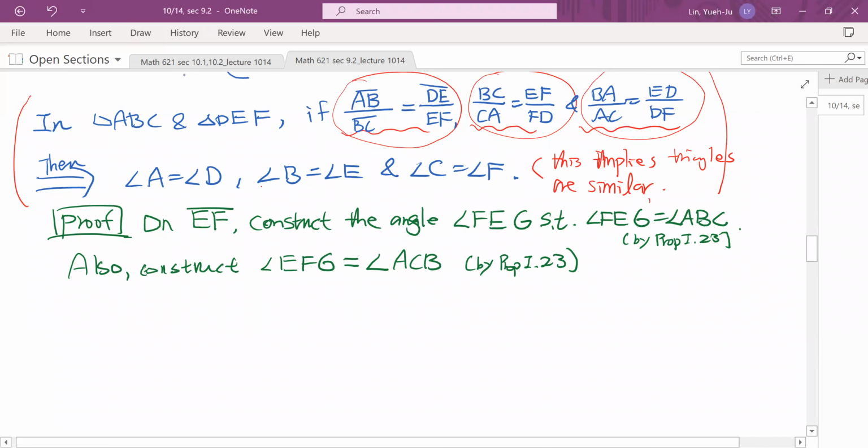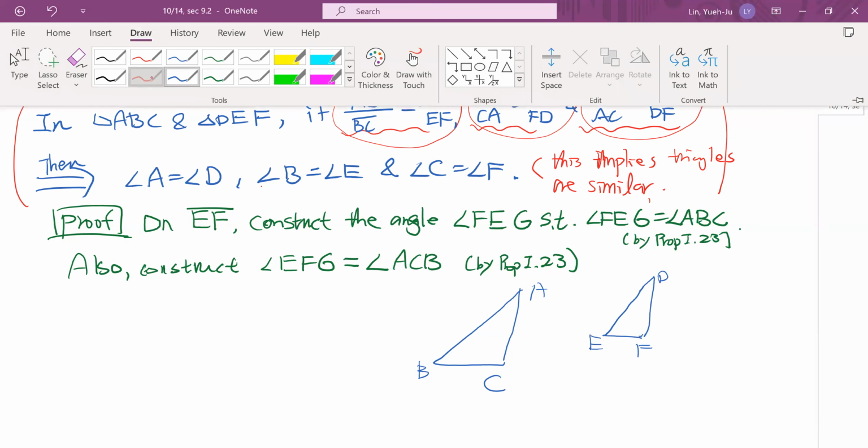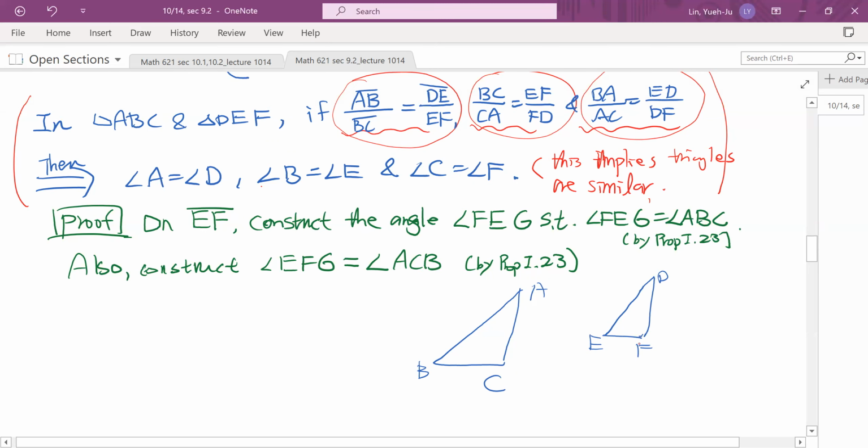First of all, I have A, B, C. Let me draw the picture again. And I have D, E, F, smaller here. First, what I want to do is construct an extra triangle here. On EF, I'm going to construct angle FEG such that it is equal to angle ABC.